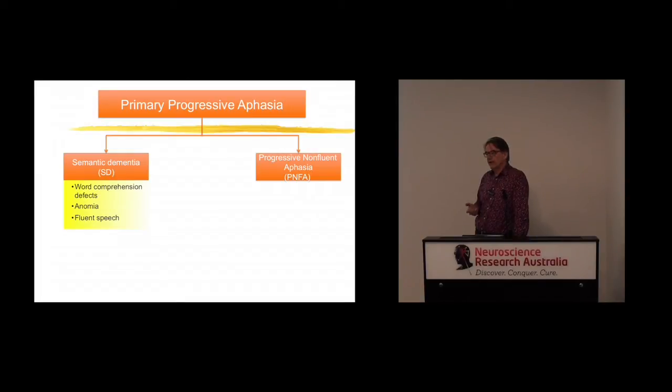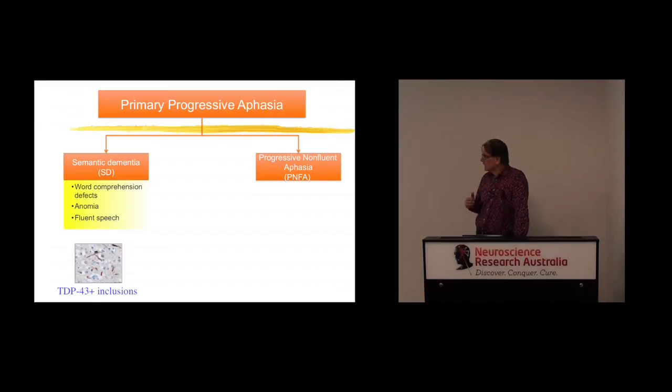These patients complain that they no longer understand what words mean, they can't name things, but their speech is structurally normal and it sounds okay. It's not a problem of the organization of speech, it's a problem with the underlying meaning that underpins language.